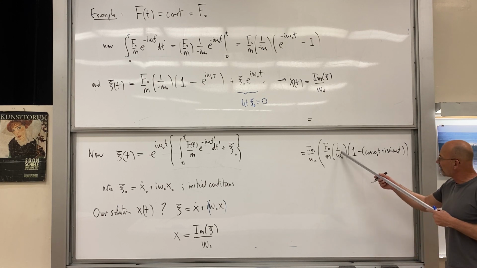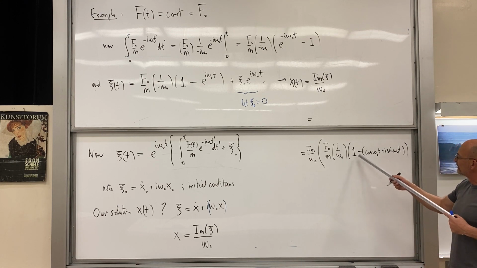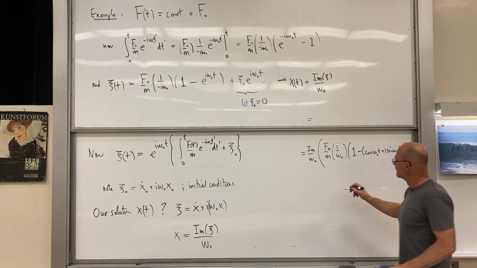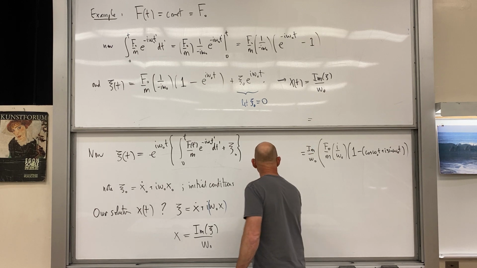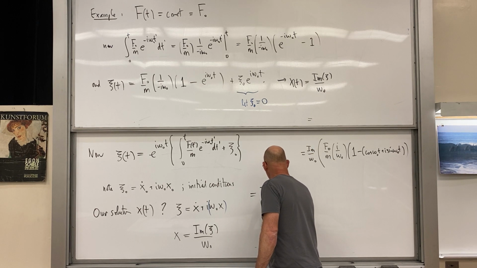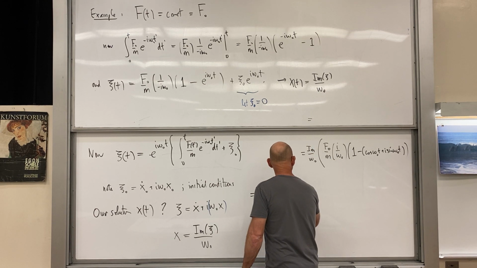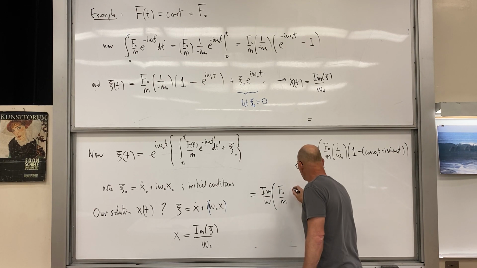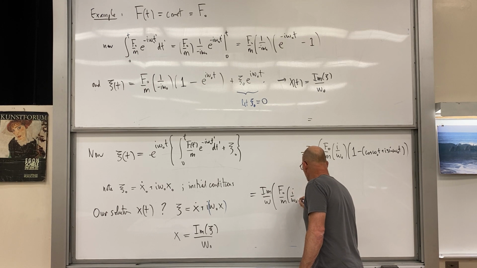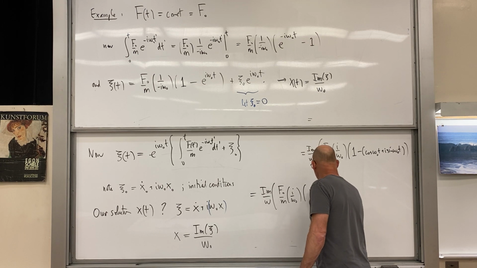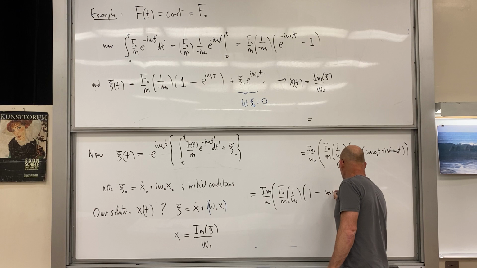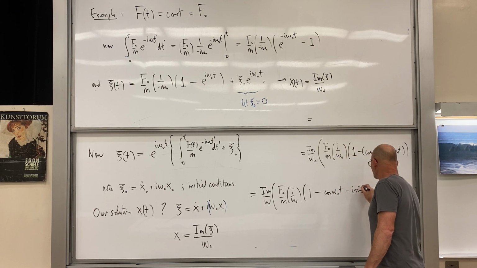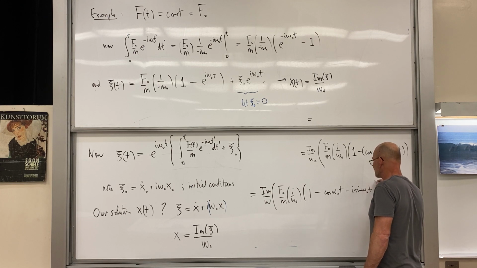And the imaginary part is going to be the one that multiplies the real part there. So let's give us a little more room. Imaginary part over omega naught: F naught over M, I over omega naught, 1 minus cosine omega naught t minus I sine omega naught t.